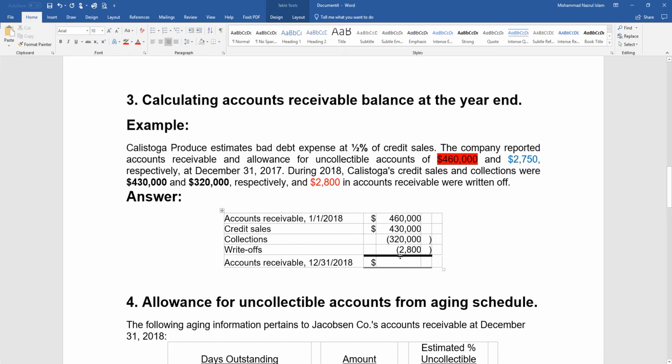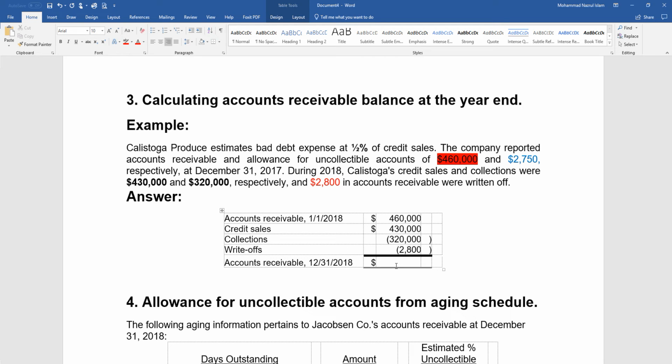After calculating, our final balance would be 460,000 plus 430,000 minus 320,000 minus 2,800.